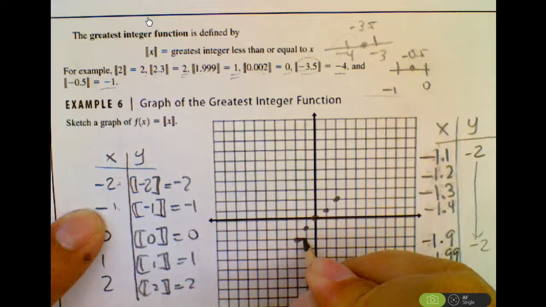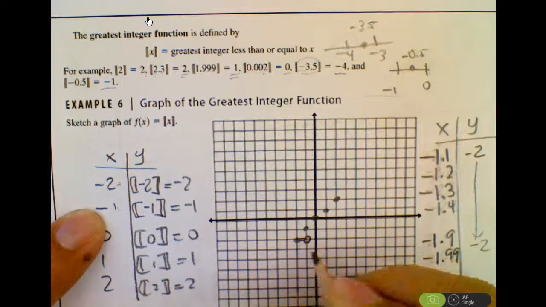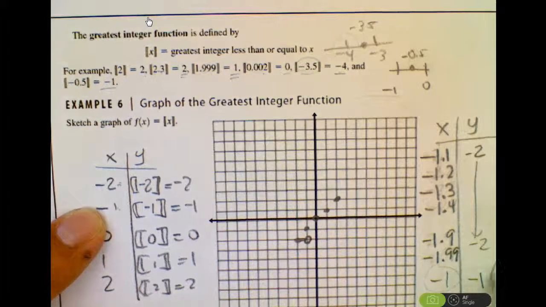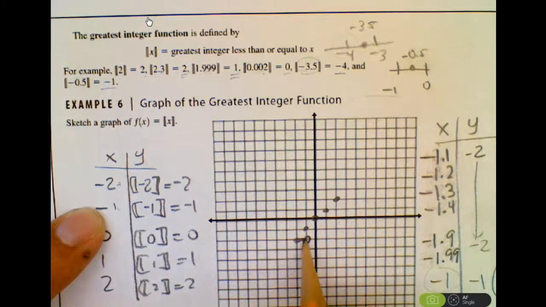So the way that I want to show you that this is possible and it's still being a function, when x is -1, the greatest integer is -1 and not -2 anymore. So the way to indicate that is that at this point it's going to be an open circle.